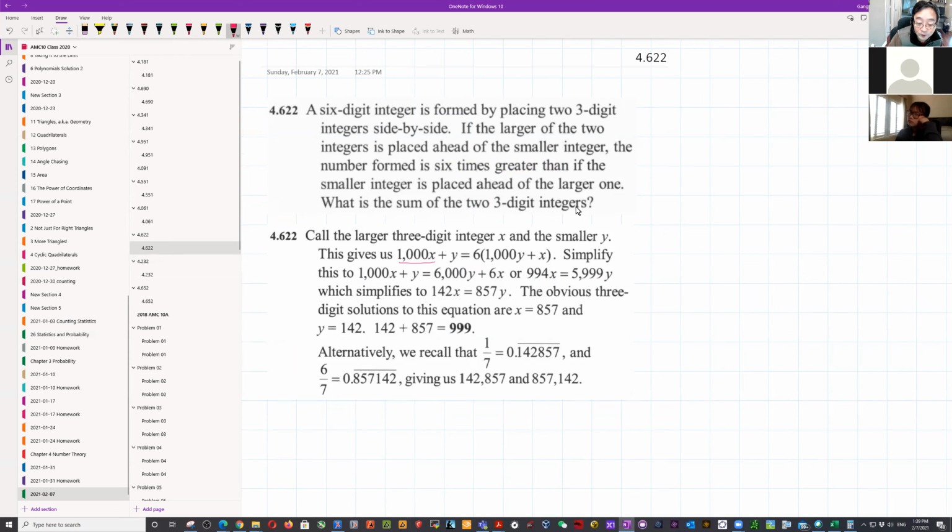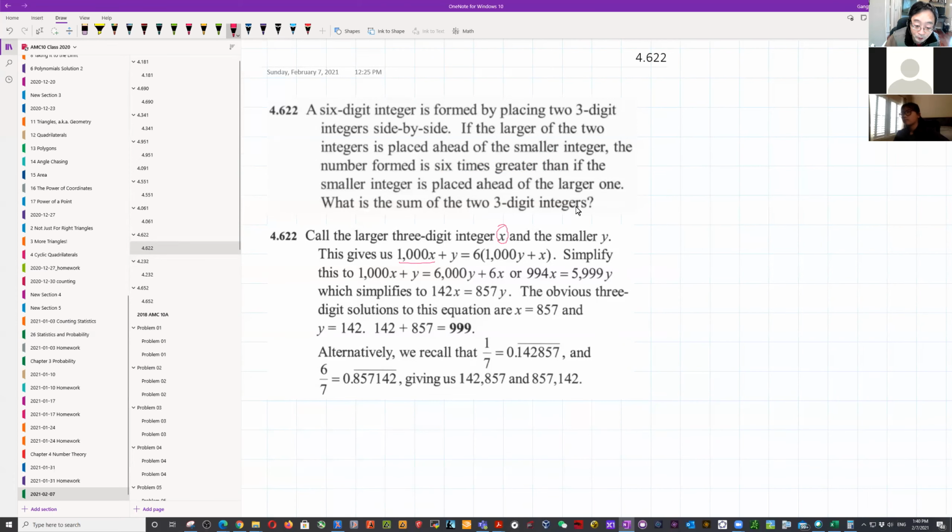Why 1000x plus y? Because the larger 3-digit x is 1000 times its face value by placing it 3 digits higher, and this has a 6-times relationship.